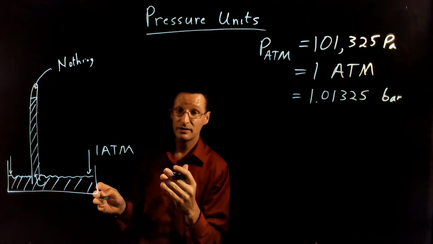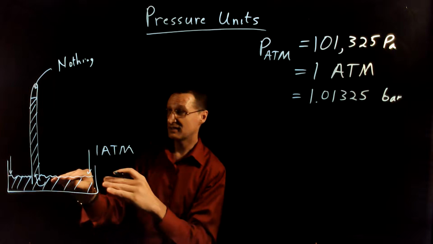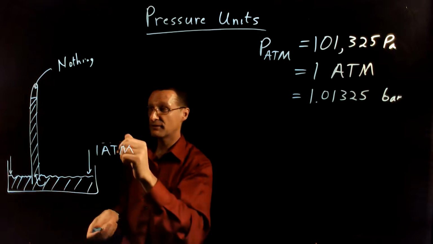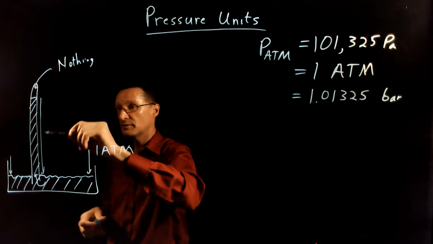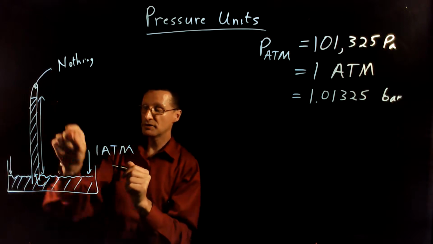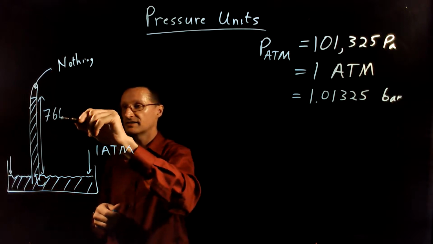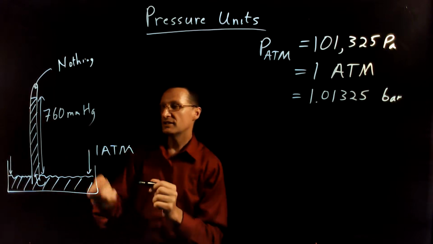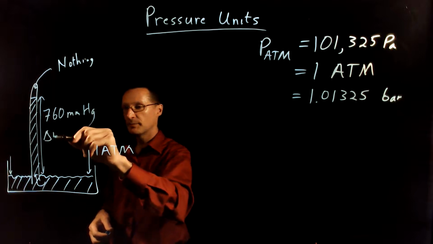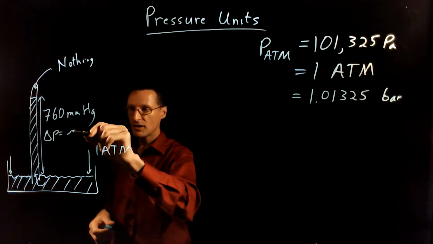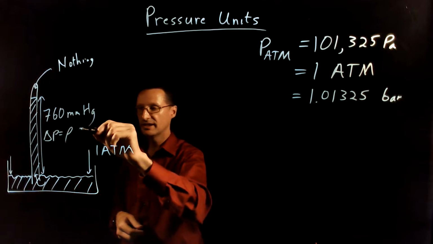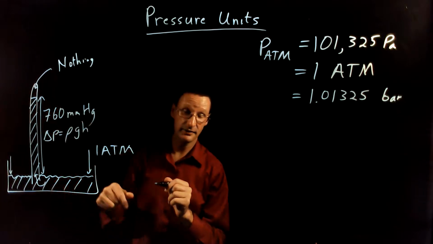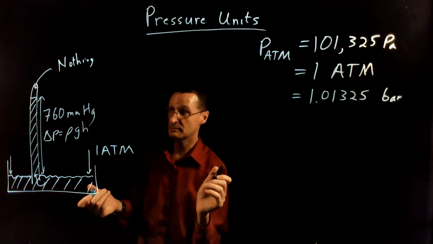If you do this with a variety of fluids, you'll get a variety of heights. It's convenient to do this with a very dense fluid so that you don't have to have a super tall column here. And so people would often use mercury. If you do it with mercury, you'll find that it will push it to a height of 760 millimeters. So you can use the expression delta P equals rho, the density of the fluid, times g, the gravitational constant, times h, the height, in this case 760 millimeters, or 0.76 meters.